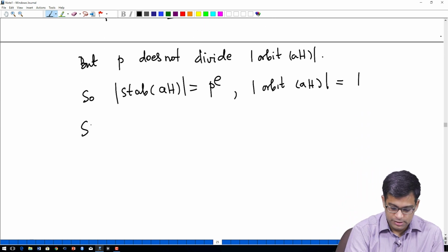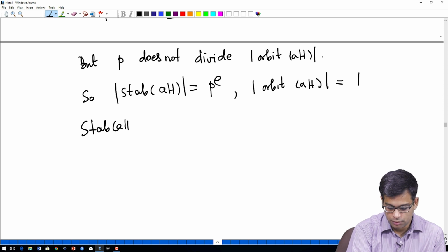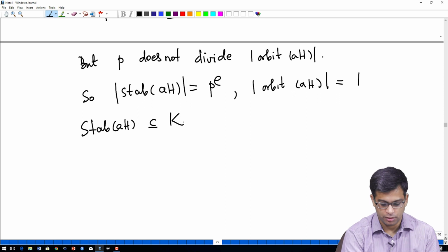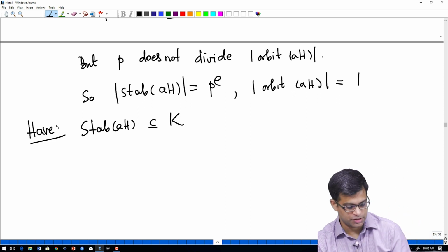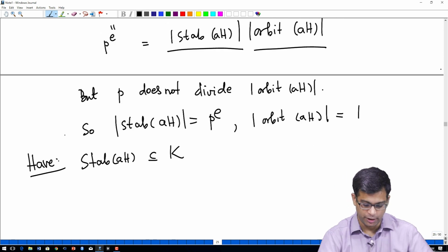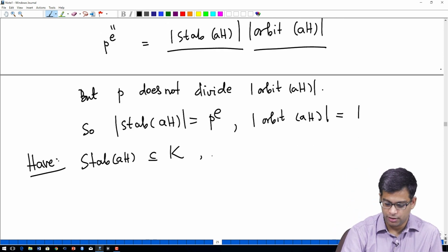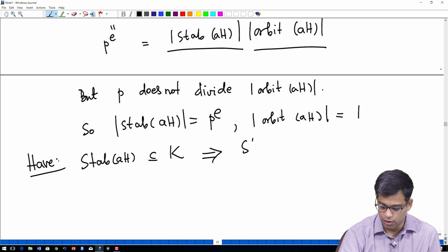But remember, the stabilizer of aH, where is it living? It is living in K, because we are looking at the K action. Stabilizers are subgroups of K, but K has order p^e, and the stabilizer also has order p^e.